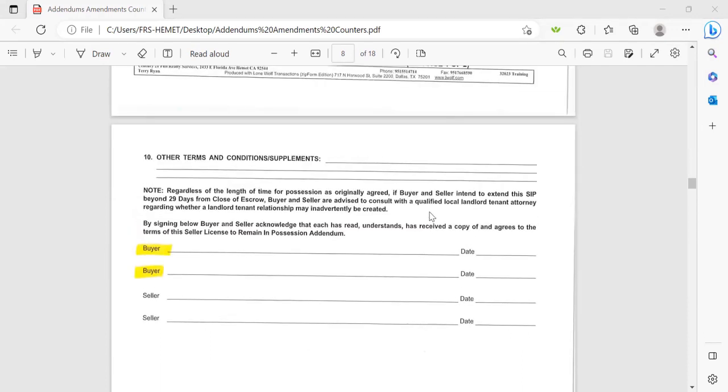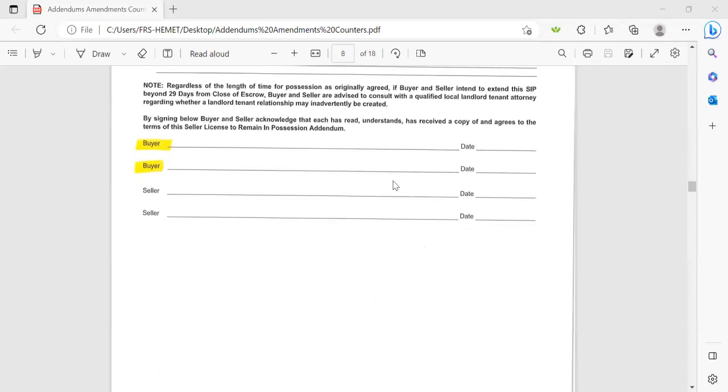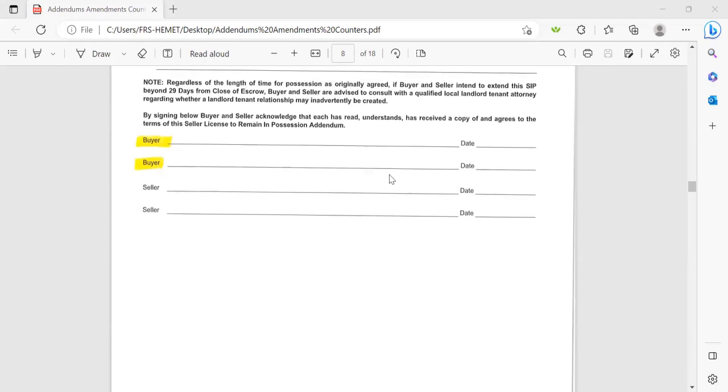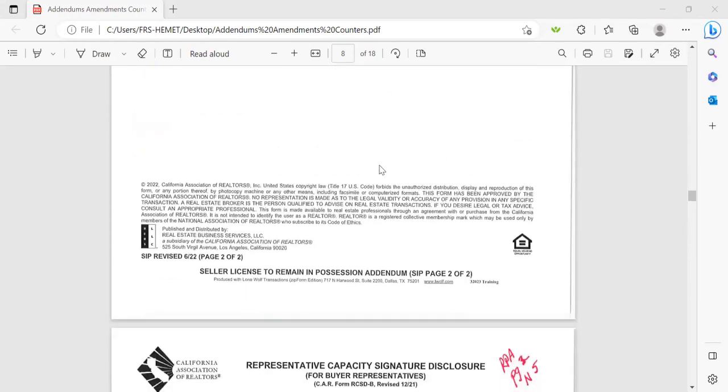So if I let somebody stay beyond the 29 days and we don't have anything else written down, which would be a no-no on our part, we should have something written down as an extension. Basically 30 days and more is now a tenant-landlord situation instead of a buyer-seller situation. So then tenant-landlord laws fall into place.